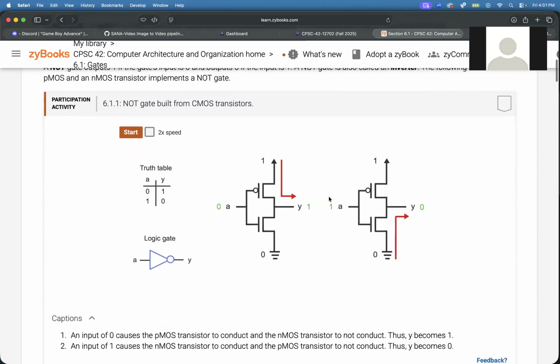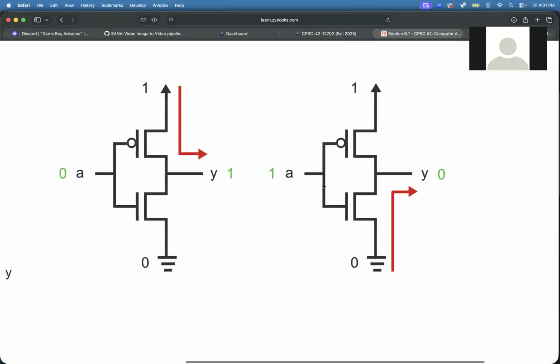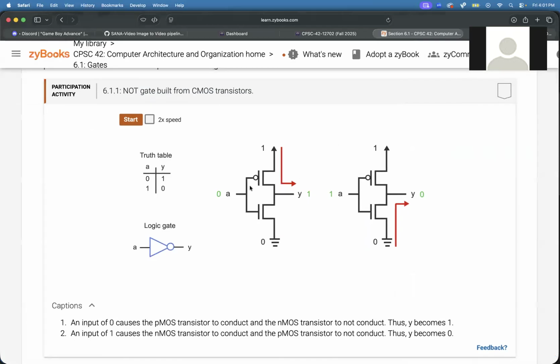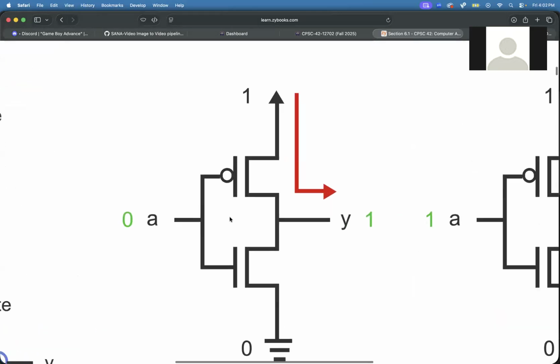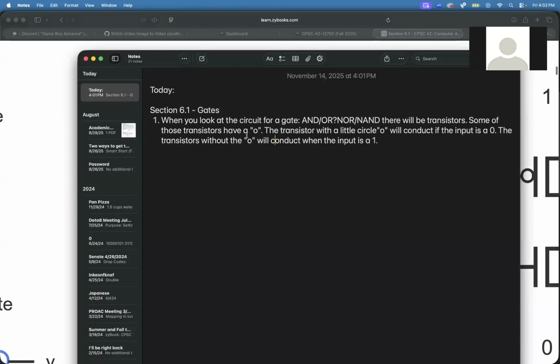So let's look at 6.1 now with that in mind. Here are two little diagrams, and this is a transistor and this is a transistor. One of them has this little circle on it and the other one does not. The input A is 0, and based on what we said in the note, if there's a little circle, then that should conduct if the input is 0.